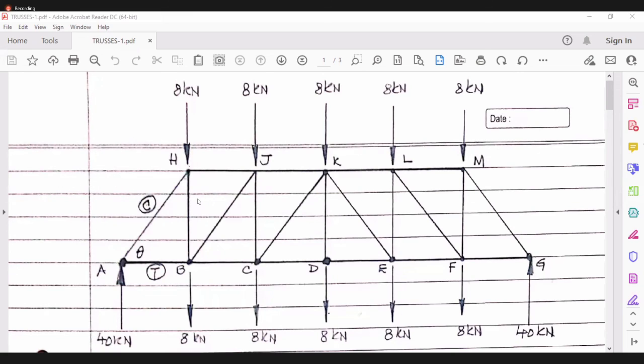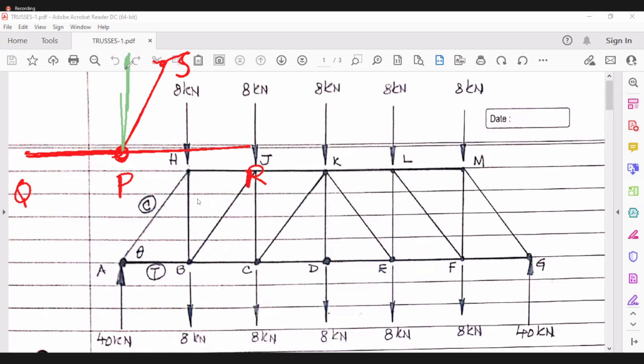The reason being, suppose at any joint, this is a joint P, this is Q, this is R, and this is say S. Then S will have two components.